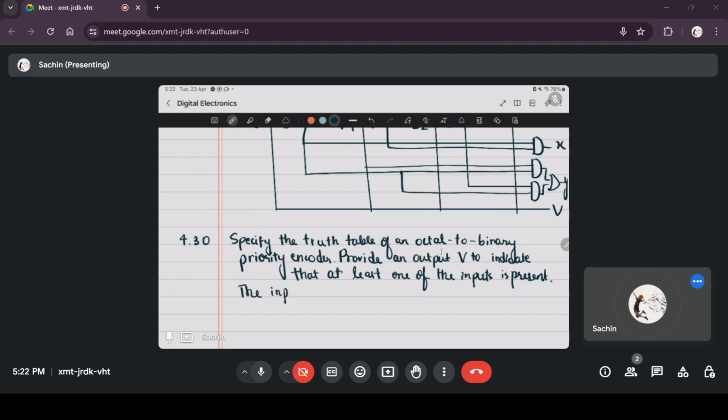The input with the highest subscript number has the highest priority.